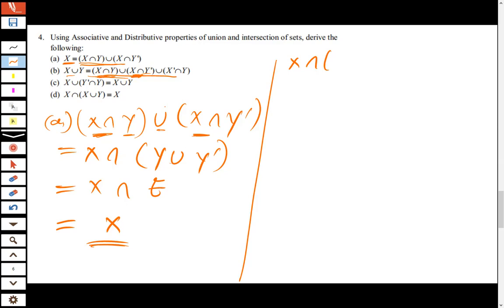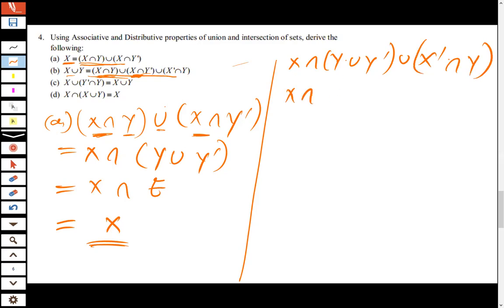So we have X intersection, and we remain with Y union Y complement. And then outside this side, we have union X complement intersection Y in brackets.